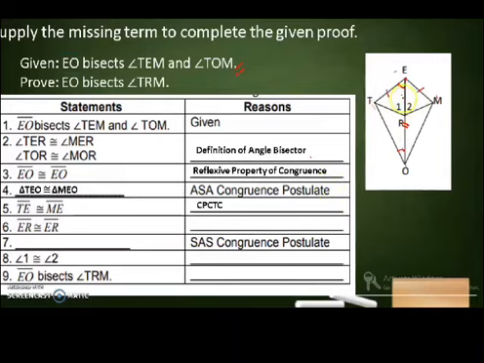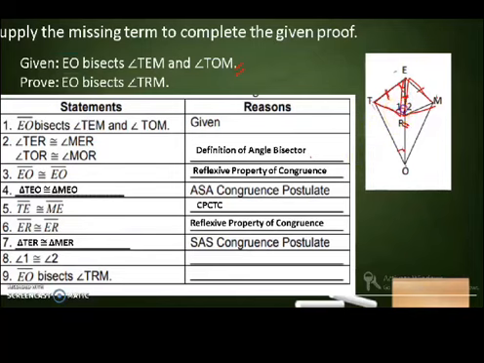And then we have formed another side. We have ER is congruent to ER, both used by two triangles. So we have now the reflexive property of congruence. Next we have triangle TER is congruent to triangle MER by SAS congruence postulate, because of the side TE, the angle TER, and another side ER.